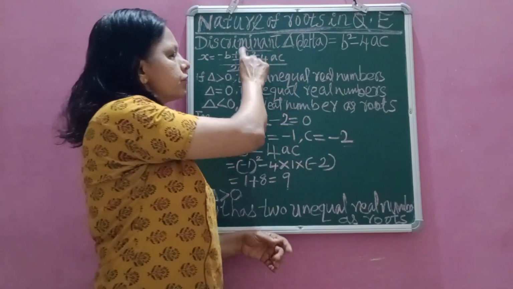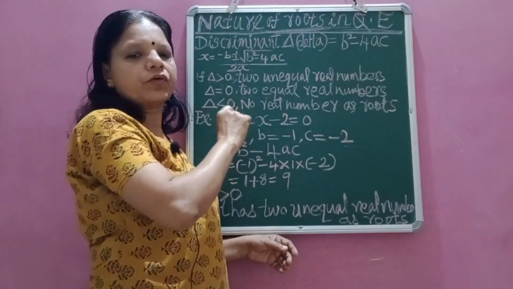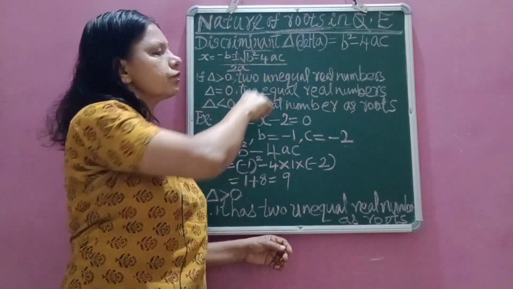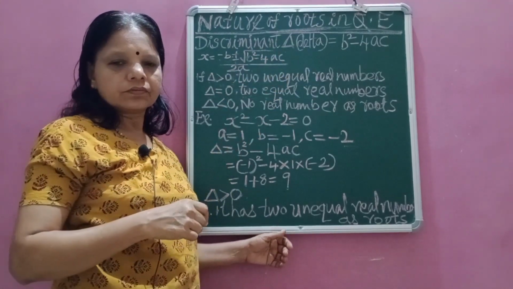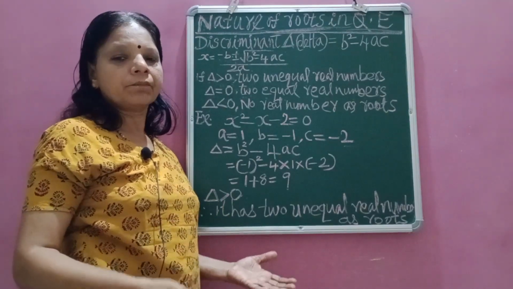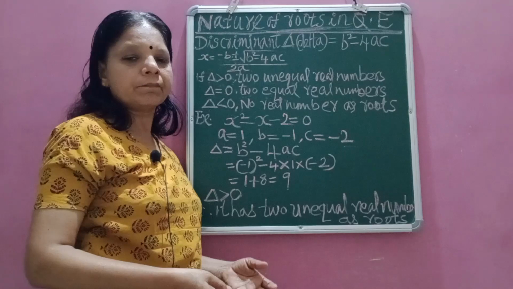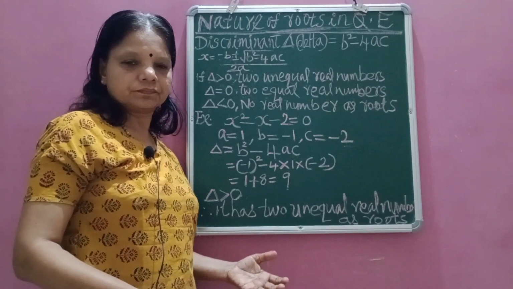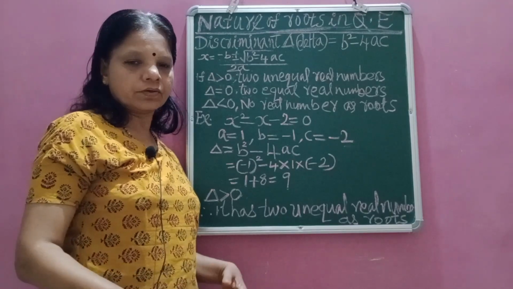So it is only possible to find the square root of positive numbers. So when b square minus 4ac is negative, square root of negative is not a real number.